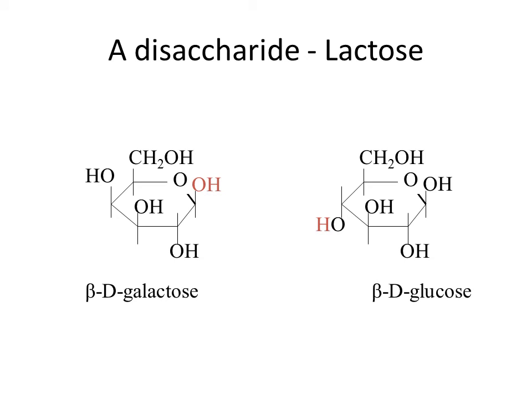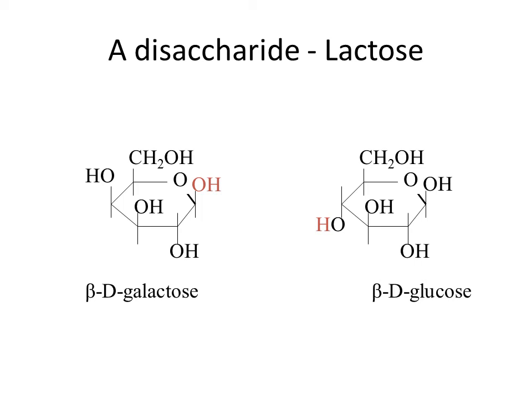Let's look and see how lactose is formed. Lactose is formed by beta galactose and beta glucose, and I'm showing you beta galactose on the left and beta glucose on the right. Now, I haven't shown you the structure of beta galactose before, but you can just accept that that's what it is.